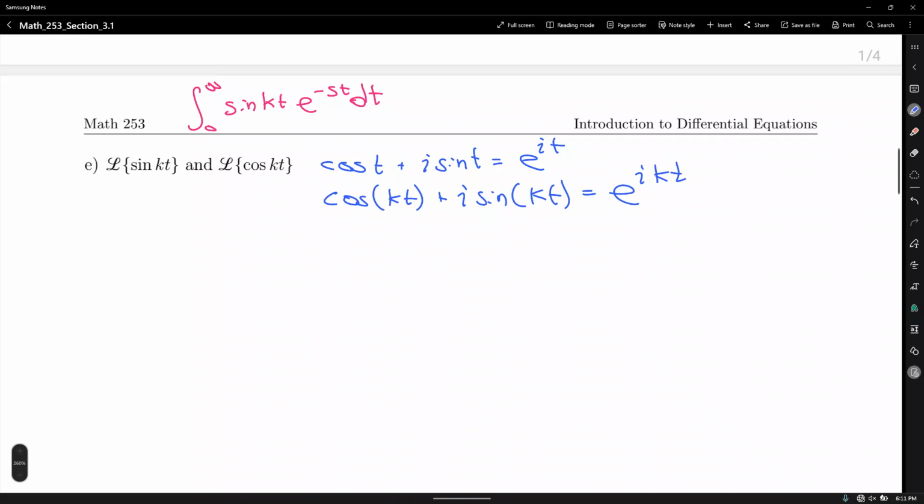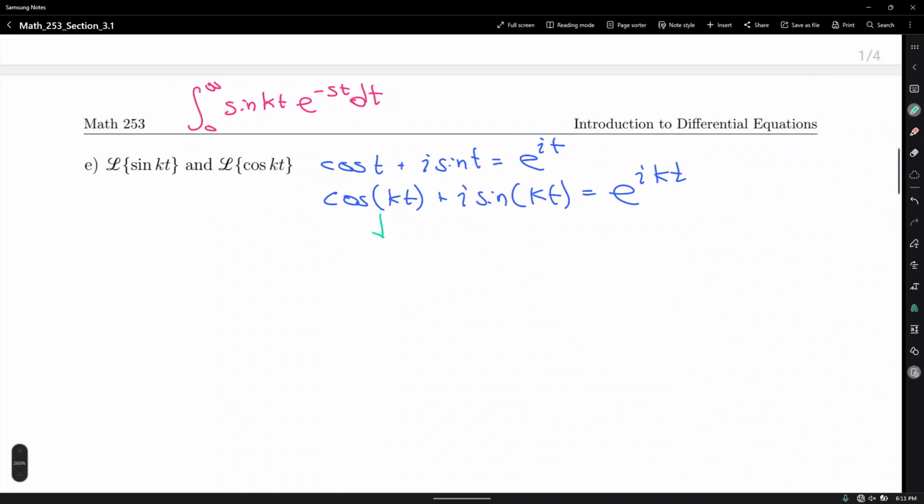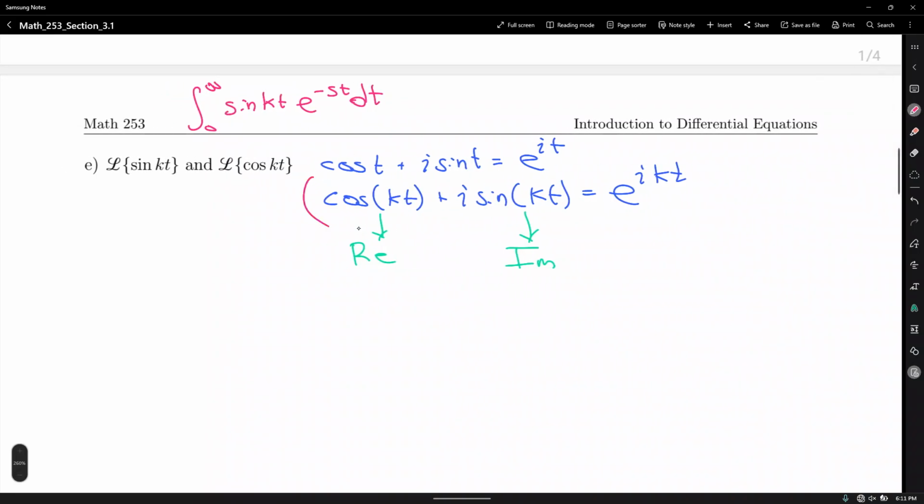One thing to keep in mind, check this out. Do you guys agree this is the real part? This is the imaginary part? How about we take the Laplace transform of this equation on both sides of this identity? I would be taking the Laplace of cosine kt plus the Laplace of i sine kt.